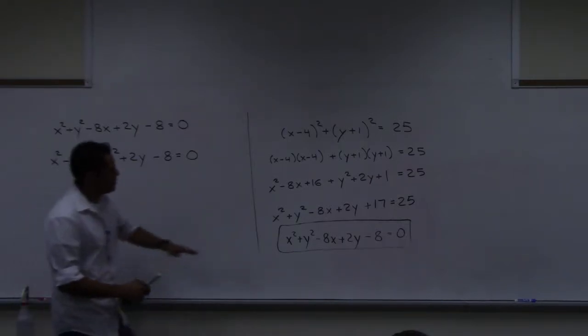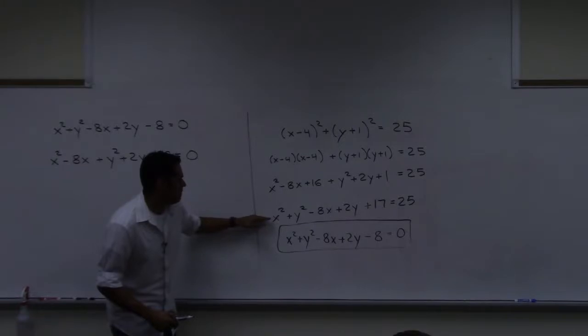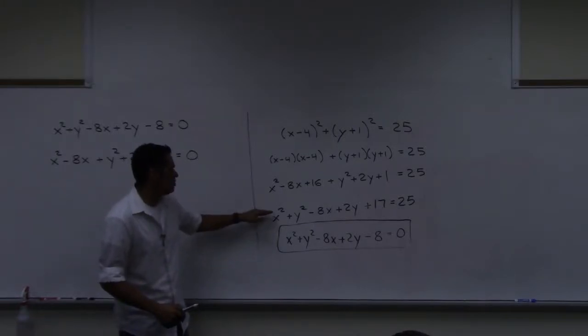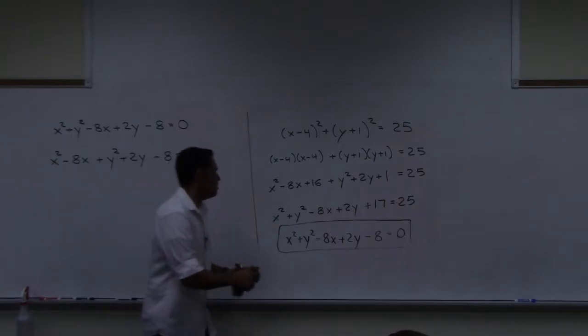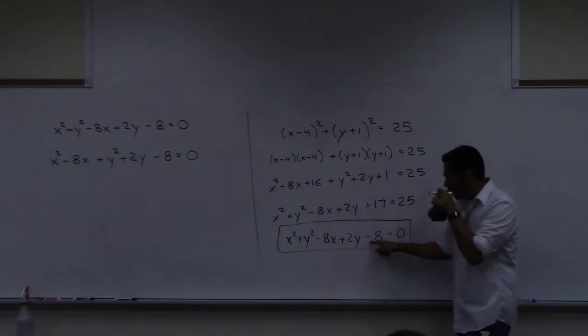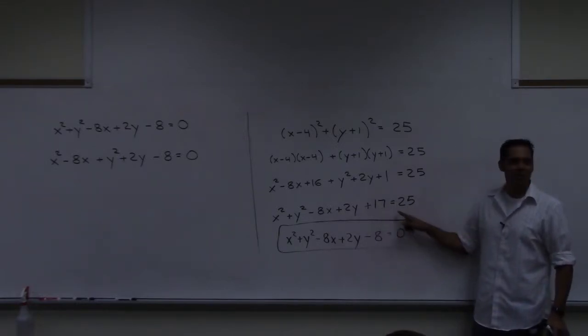See, what we have to do is go from here back to this step. There's nothing that happened here really, but this is the hard part, right? How do we know that this -8 came from a 17 and a 25? How do we know that?